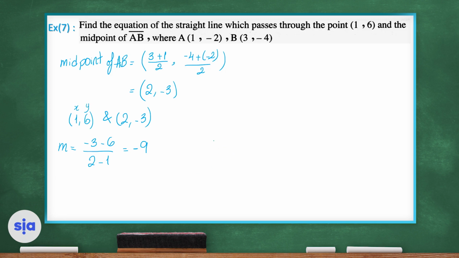So to find c, we replace the x by 1 and the y by 6. You know that the equation is y equals mx plus c. Then 6 equals m, which is -9, times 1 plus c. So c equals 15. So now we have m and c. Then the equation of the line is y equals -9x plus 15.